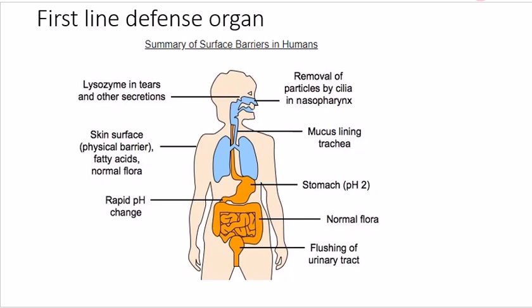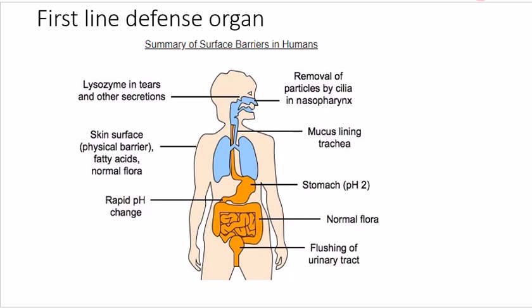mechanisms. So in this slide I would like to show you what are the different organs present in the different layers. Okay, so you have to be very careful about what are the different organs we see in the first defense layer, then what are the different cells or organs involved in the second defense layer.